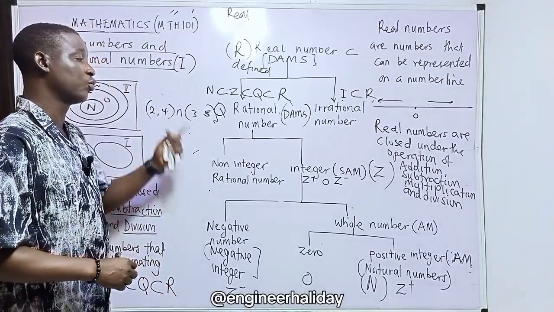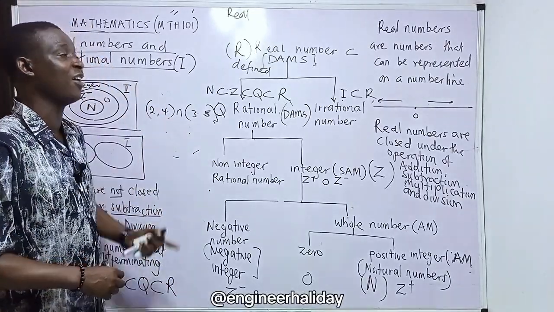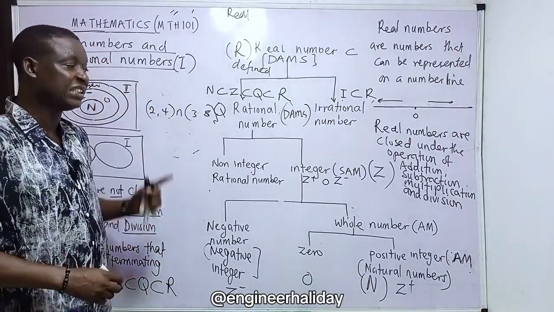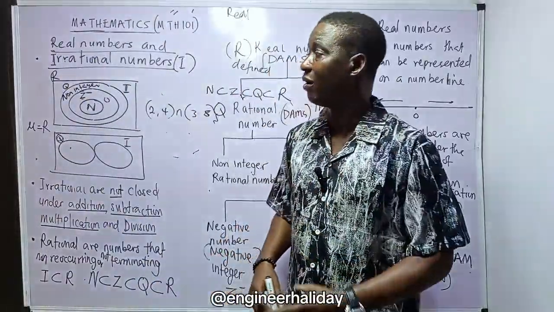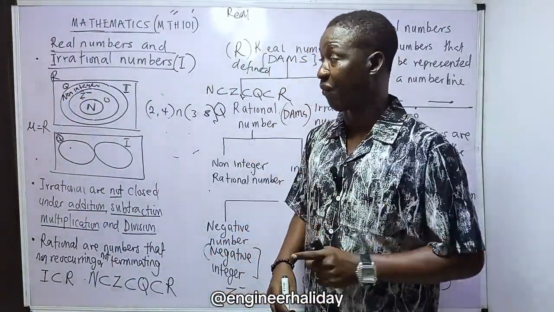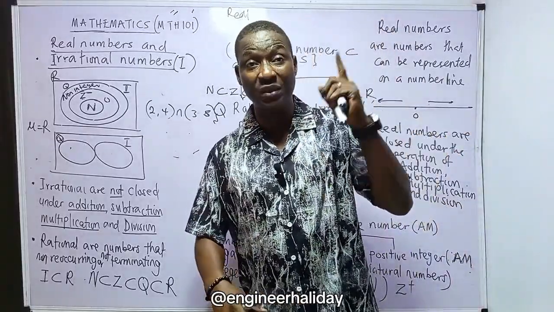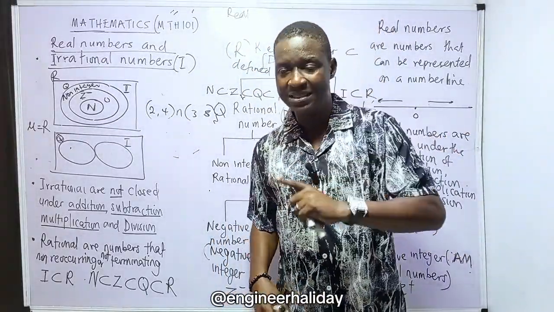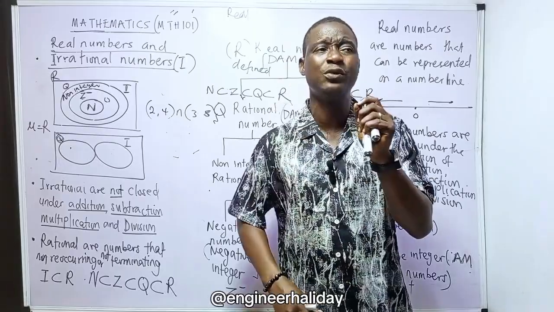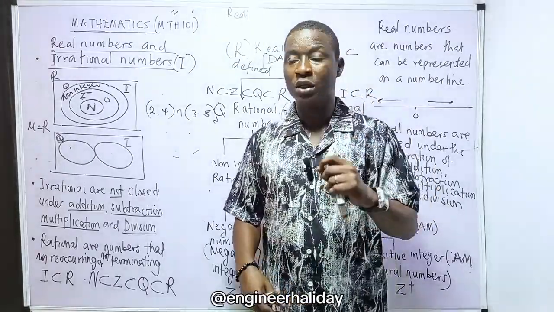Don't forget that all natural numbers are rational numbers, and all integers are rational numbers. Now all real numbers must be defined, must not be undefined. That means you must avoid division by 0 or any undefined term in real numbers.